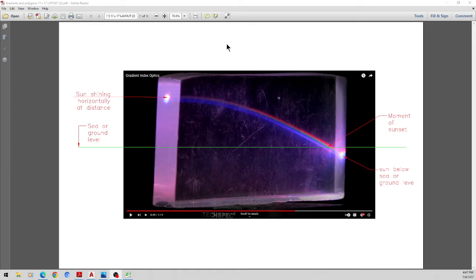They collimated the beam into a single source or single stream, and they shined it horizontally into this gradient index optic. Now, gradient index optic is hundreds, if not thousands, of refractive surfaces inside an acrylic block. And where this may actually appear to be a curve, it's not a curve.